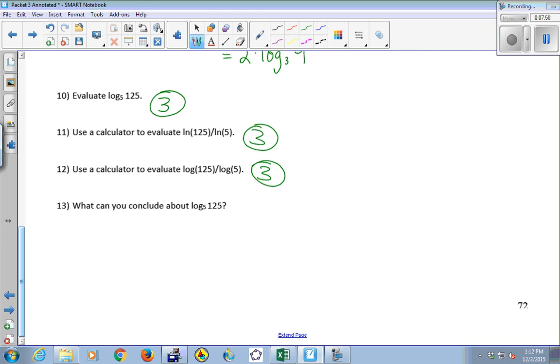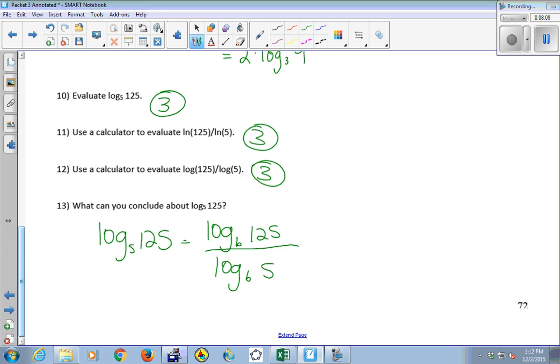But it turns out if you want to take log base 5 of 125, you can change it to log base anything, log base b of 125 over log base b of 5. As long as you do the same base on the top and the bottom, you can get the answer this way. Okay, so you could do ln, you can do log base 10.